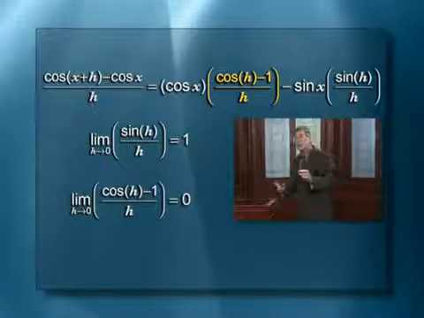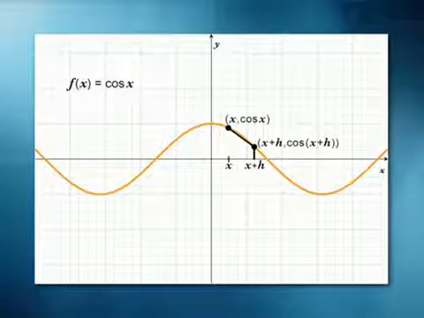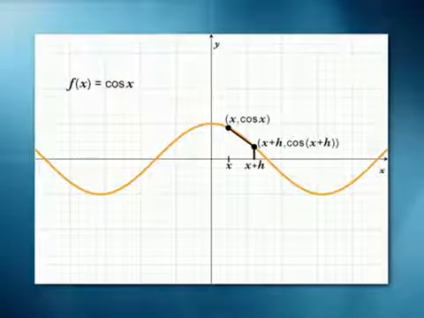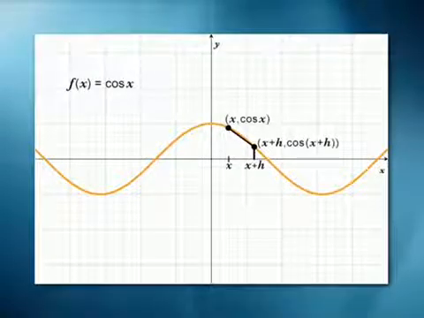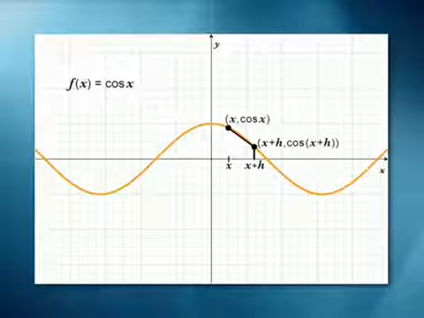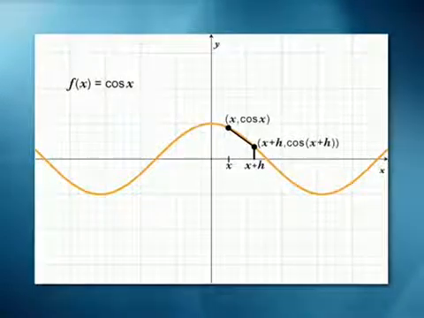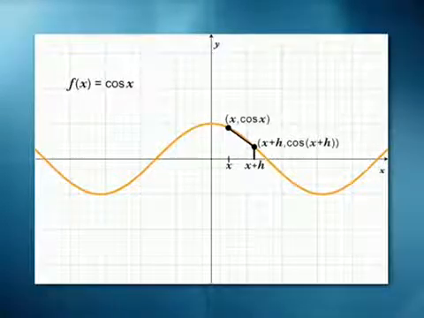So let's go back to our picture. Imagine h very, very small. In other words, x and x plus h are almost next to each other. That means that line joining the 2 points is pretty much looking like the tangent line to the curve. Okay? And what is the slope of that tangent line?